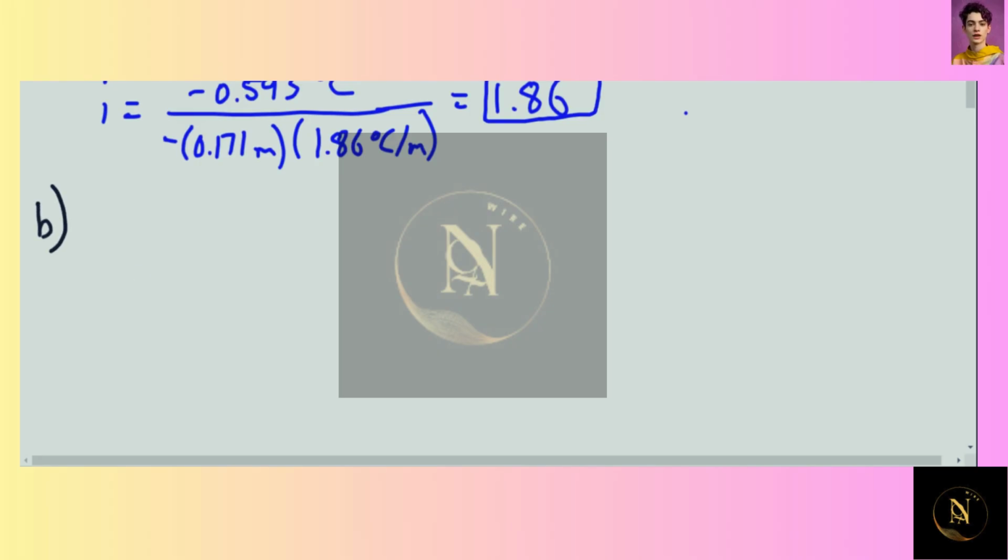The second solution that we're given is 0.5% by mass acetic acid. So again, we can just assume 1 kilogram of water, and if that's the case, we have 0.005 kilograms of acetic acid.